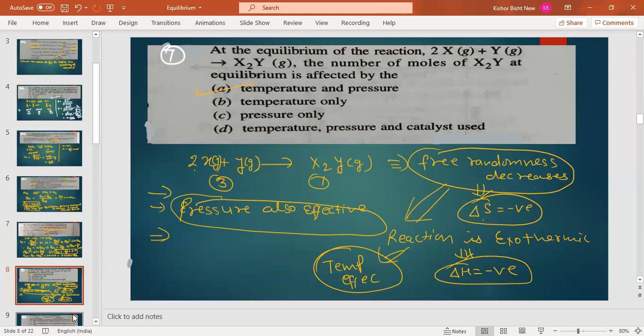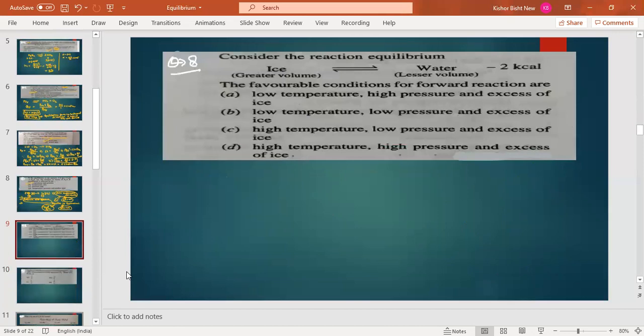Now come to the next one, question number. Consider the reaction equilibrium: ice converted into water, minus 2 kilocalorie. So what is this? Minus means is it endothermic or exothermic? Ice reversible water, minus 2 kilocalorie.